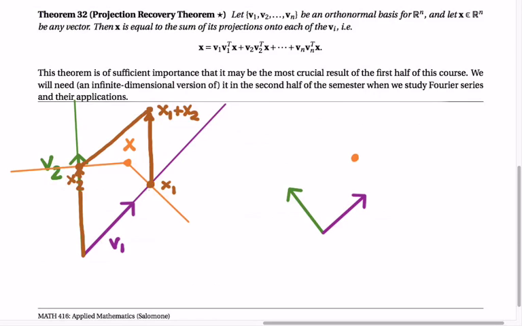So what we notice is that in this example, x1 plus x2 is very much different from x. X is not equal to the sum of its two projections onto v1 and v2. Whereas if we try it in the example on the right, I'll drop a perpendicular from this x down onto v1, call that x1, and I'll drop a perpendicular from x onto v2 to find the projection of x onto v2.